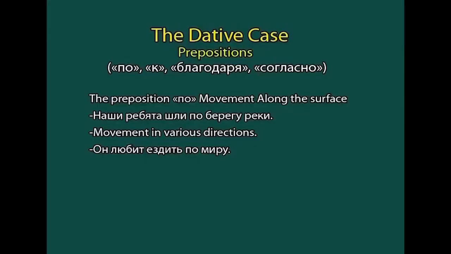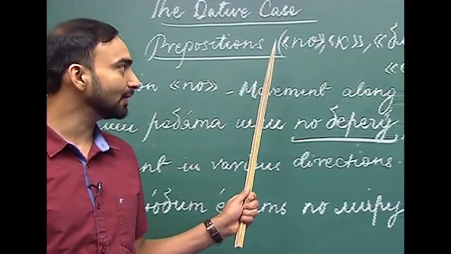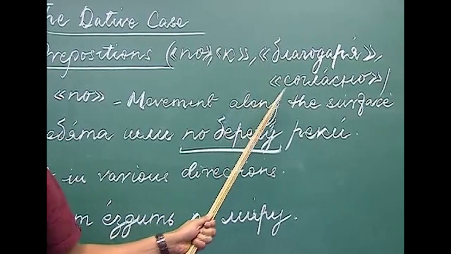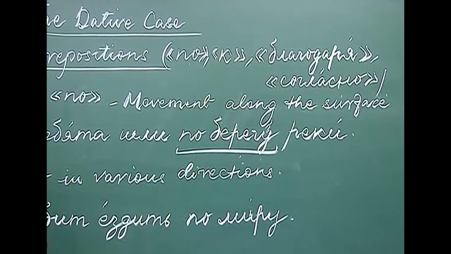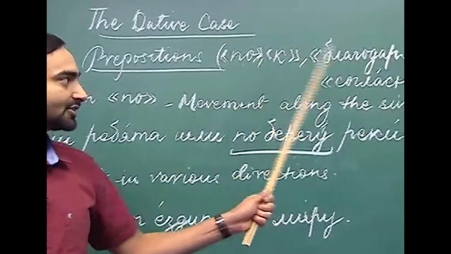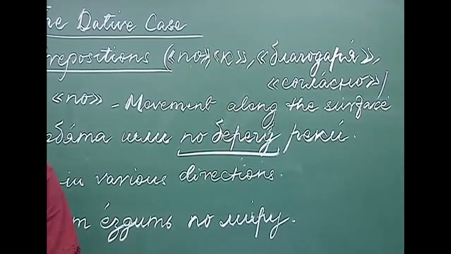I had also told you that some of these prepositions are pa, ka, blagodarya and saglasna. These are the four prepositions we are going to discuss in this lesson. All of them require nouns and pronouns to be in the dative case.